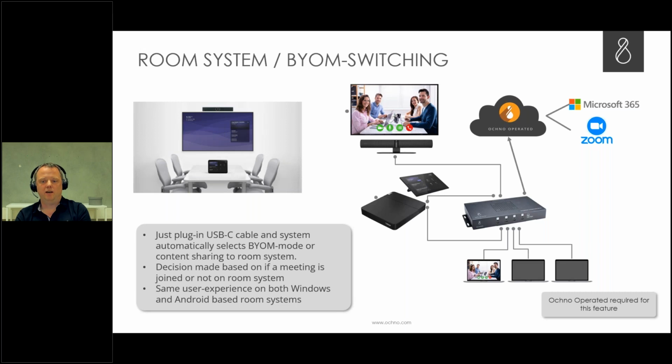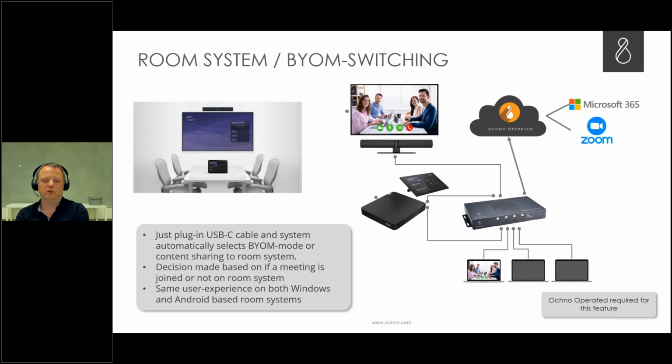And what we have, which no one else has in this niche market, is that we are aware if a meeting is running on the MTR system or Zoom room system, which means that the switching between should I, as a user, present from my laptop or should I just share content is something that the user doesn't have to know or decide themselves. It is handled automatically.